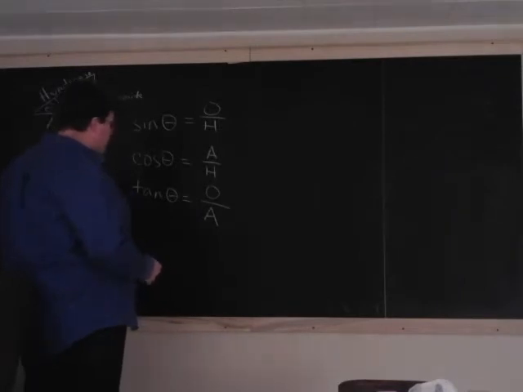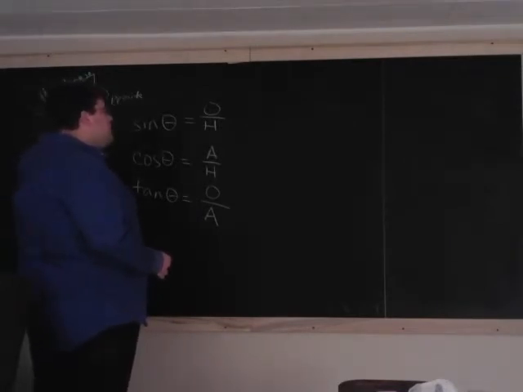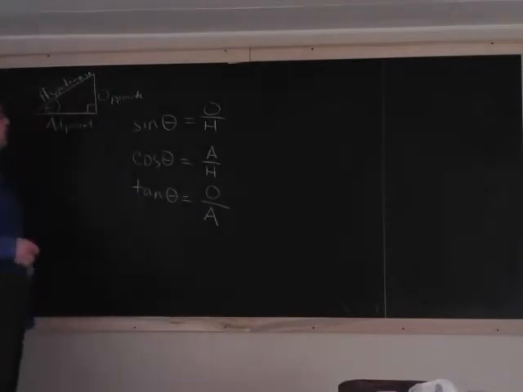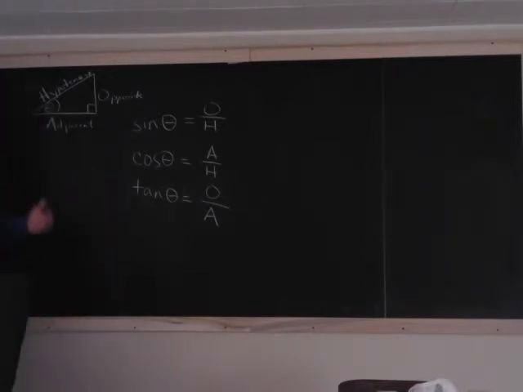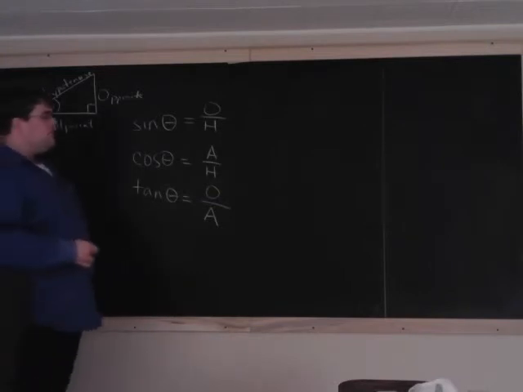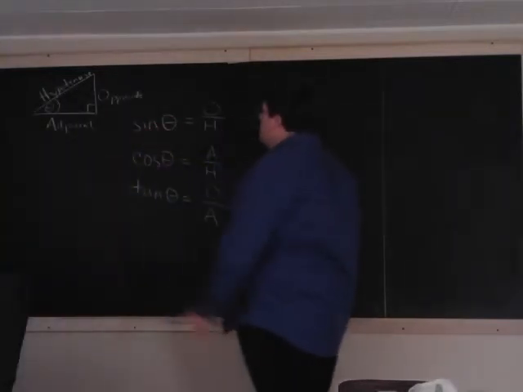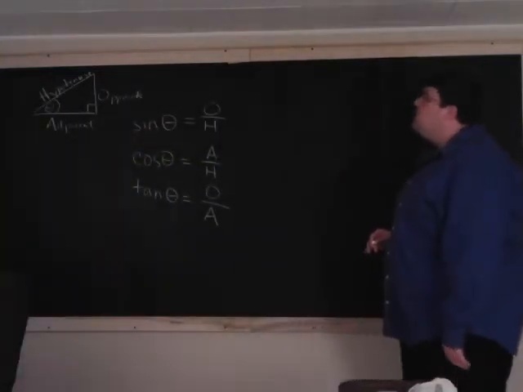So right here, tangent with this triangle is defined as opposite over adjacent. It's also the same as sine over cosine, and I'll write that in an alternative definition. Right here, I'm just going to stick with these sides of the triangle.